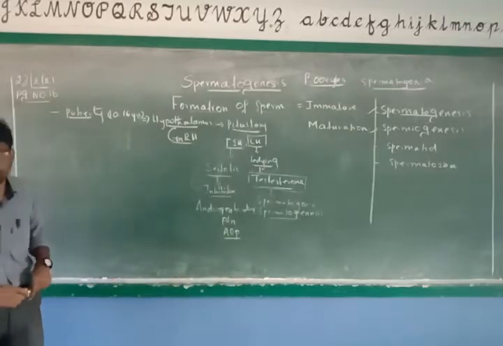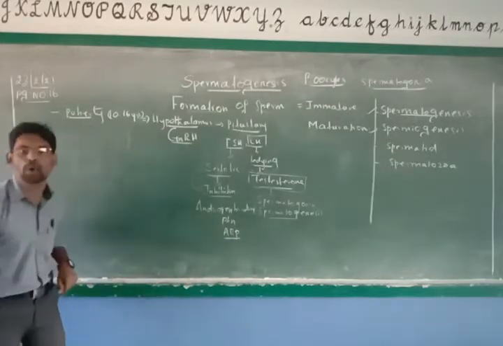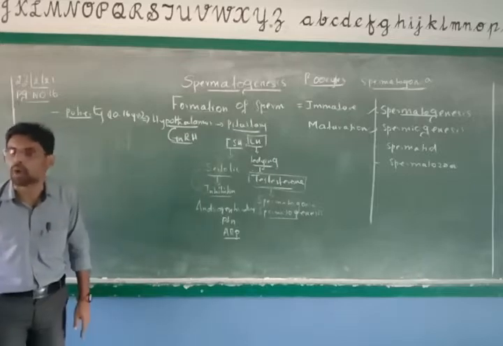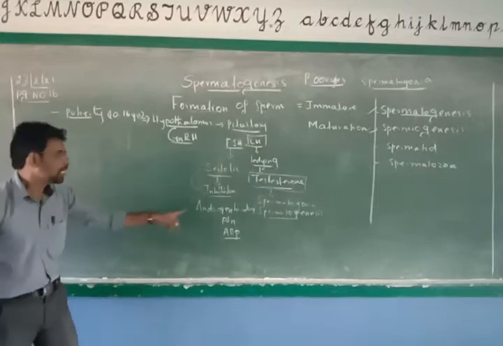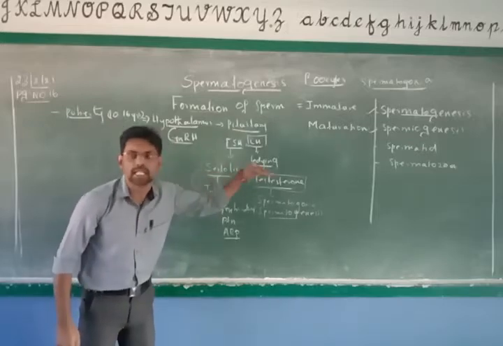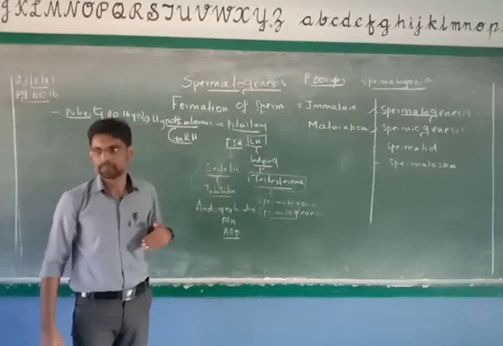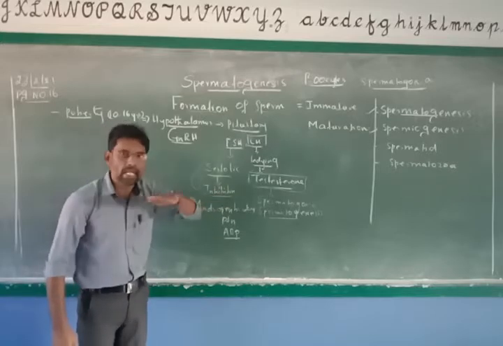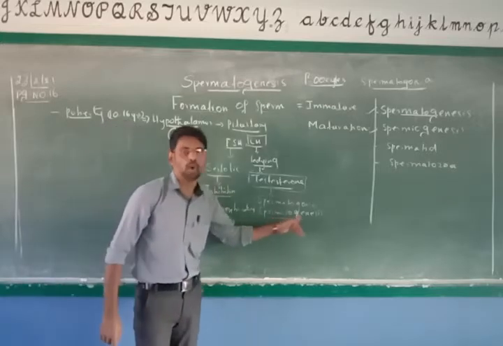This androgen binding protein is produced by the Sertoli cells. It will always maintain the concentration of testosterone. Understand? If the concentration is maintained, the spermatogonia is produced.